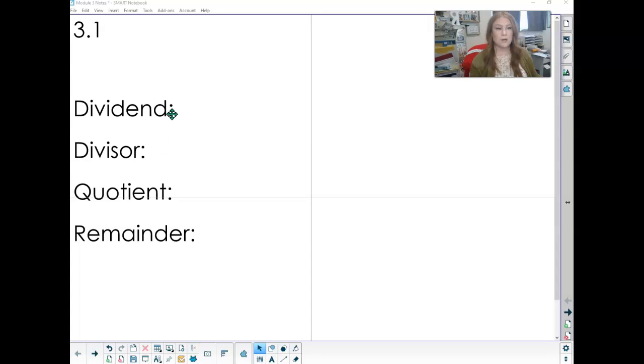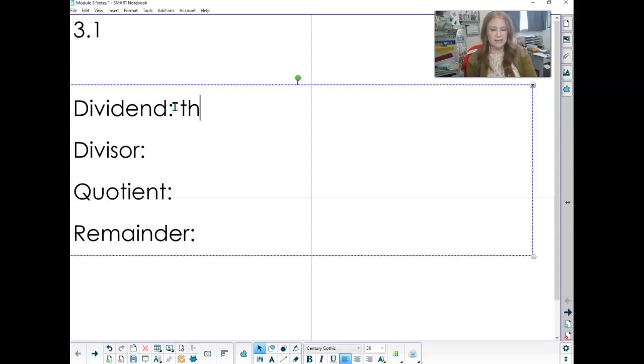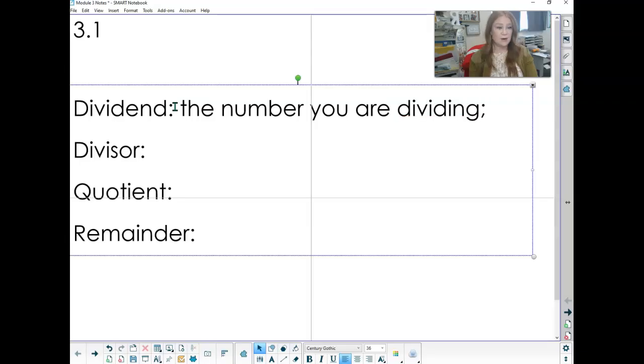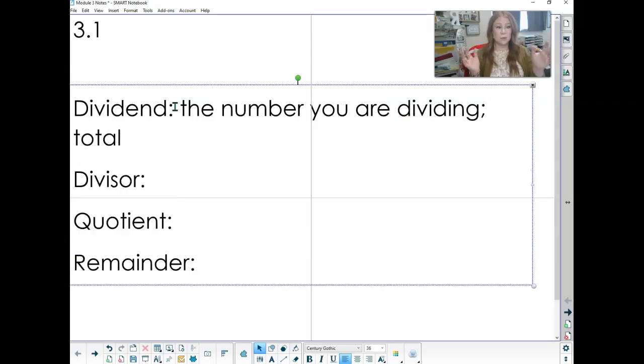For our 3.1 notes, we're going to be discussing what it means to divide and the different vocabulary words that can help us understand what we are doing. So a dividend is the number you are dividing. We can often think of it as the total. It's the main piece that we're going to be cutting up.